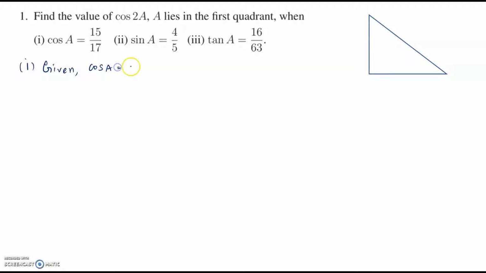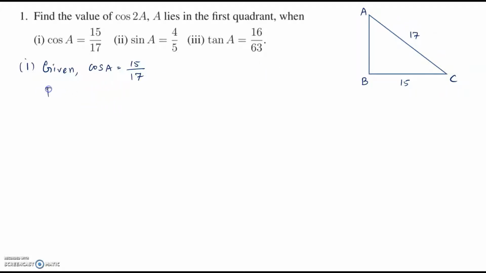cos A is equal to 15 by 17. So let's consider this right angle triangle ABC. Cos A is adjacent side, which will be BC, divided by hypotenuse, which is AC.